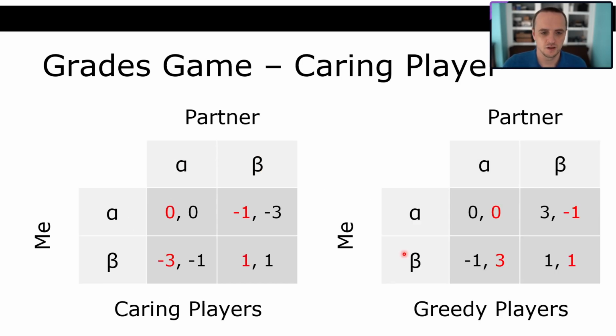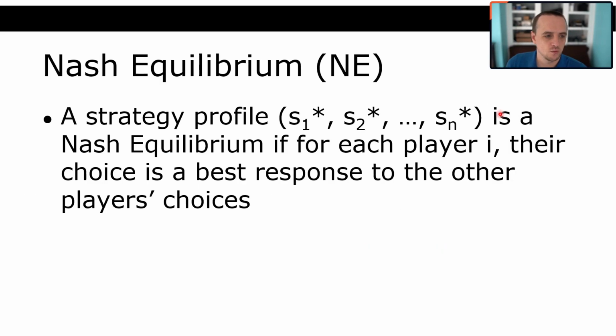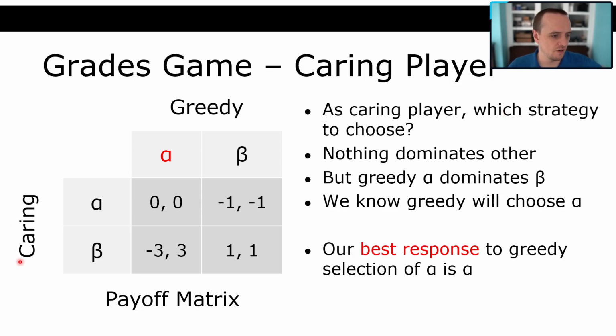Now, we saw that if we switched it, and if you're confused by this, just go back and watch the last lecture. I'm not going to repeat anything. We reversed this by switching to the caring player and trying to see if the caring player had a dominated strategy. If we fix the greedy player's strategy to alpha, alpha for us is better. If we fix the greedy player's strategy to beta, then beta for us is better.